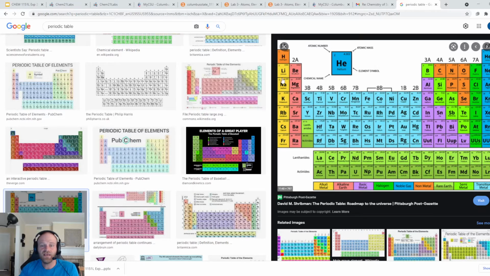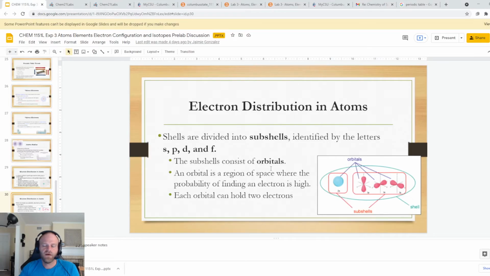Alright, the P block, let me go back to your slide. So that's the S. The P block holds 6 electrons and has 3 orbitals. That's these 3 images here on the right in red. These orbitals are essentially just the pattern in which the electron rotates around the atom.